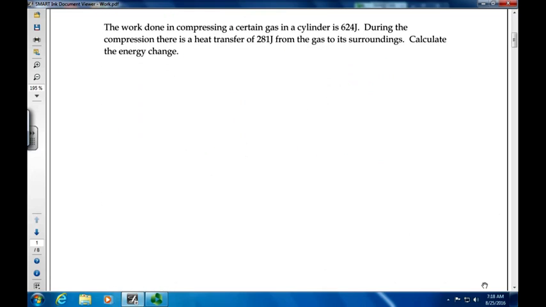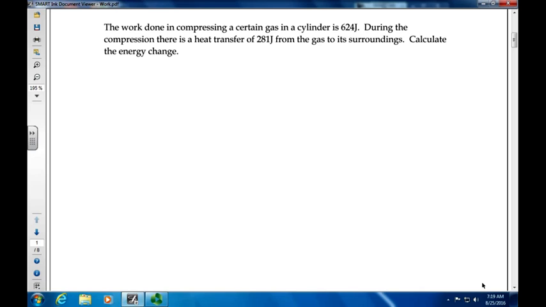The work done in compressing a certain gas in a cylinder is 624 joules. During the compression, there's a heat transfer of 281 joules from the gas to its surroundings. Calculate the energy change. So now we're looking at heat transfer. And whenever we're looking at that, we're going to want to identify the formula that's most appropriate for this.